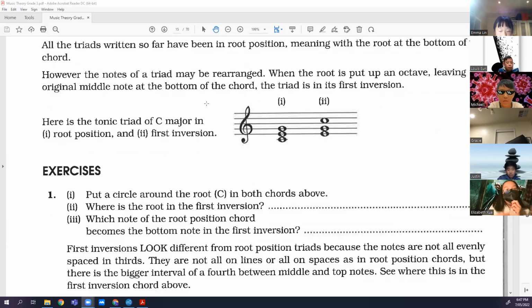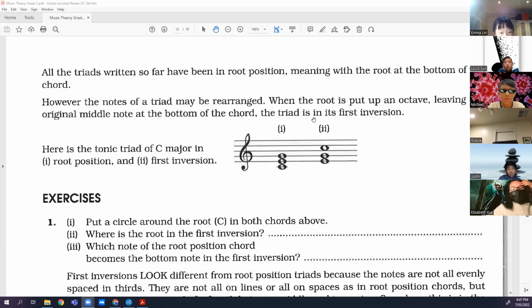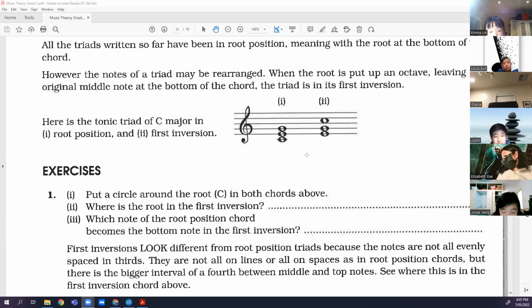The important thing to realize is that if you invert a triad, the root is still constant. The root doesn't change with the chord. The root only changes with a different tonic triad or a different key.